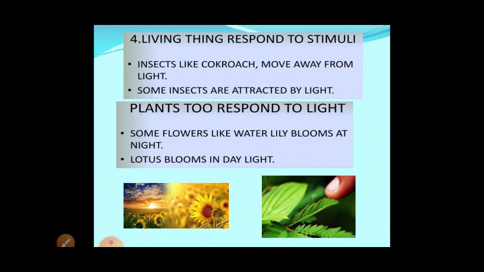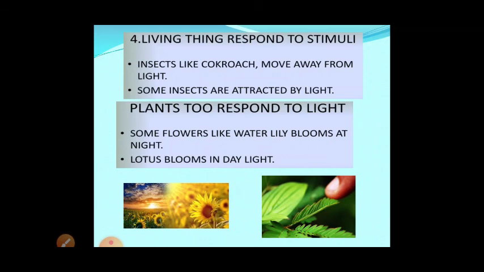We can observe reproduction in each and every animal as well as plants. For plants, new plants come from seeds, and among animals some lay eggs, like birds, snakes and frogs. Some animals give birth to babies. So in this way the reproduction process happens.